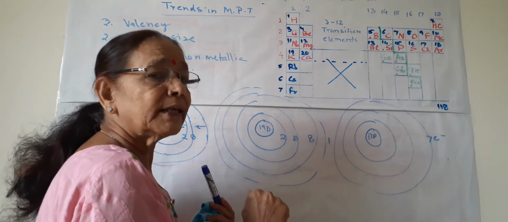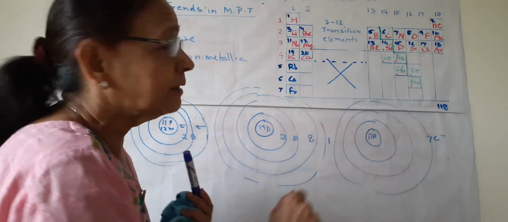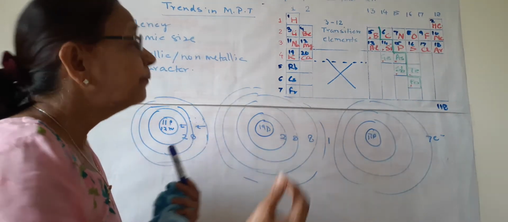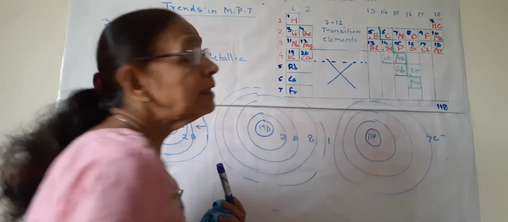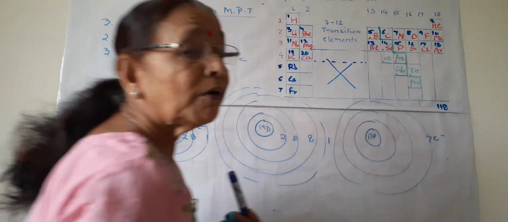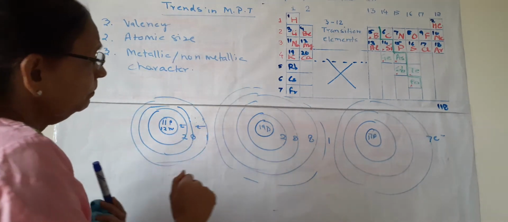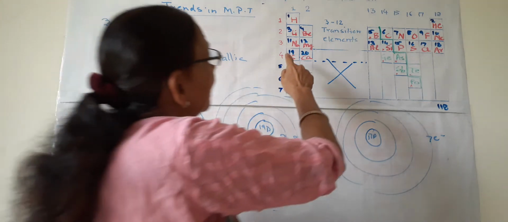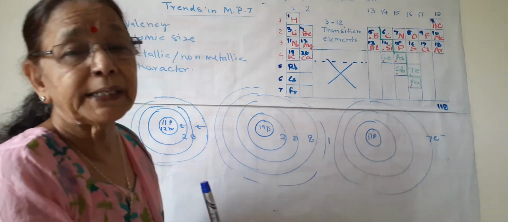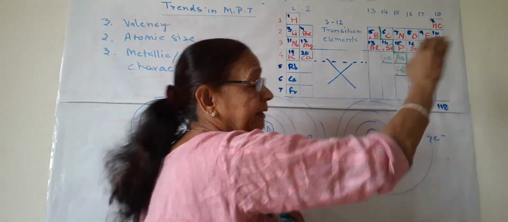Or we can say vice versa, the non-metallic character increases. These are non-metals. So non-metallic character is increasing and metallic character is decreasing due to the different numbers of valence electrons. So this is how in periods the metallic character, or we can say electropositive character, because metallic character is electropositive character, decreases.